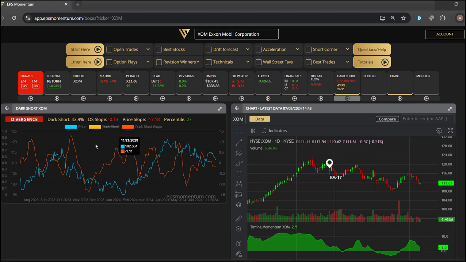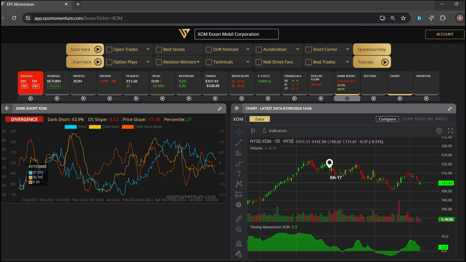If we shut off the dark short move here and we put on the price, you can see that the dark short slope is trending up and up and up, and the price starts rallying, and then the dark short slope collapses and the price tops and stops. Then a little bit of a jump here, and then the price collapses, and the dark short slope as well. So really a very powerful tool to monitor or to anticipate the price move.